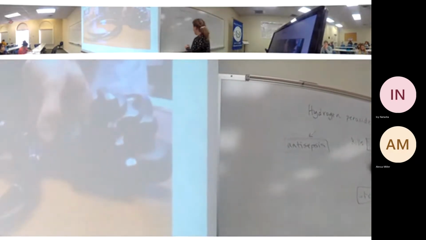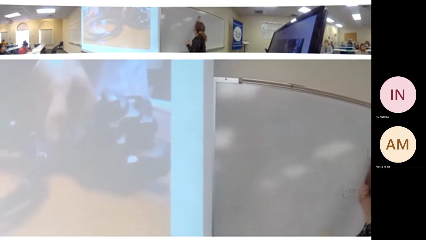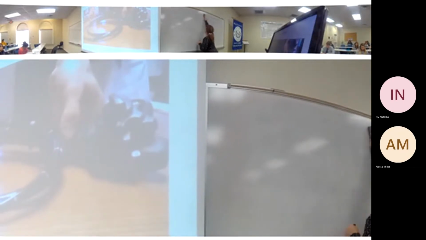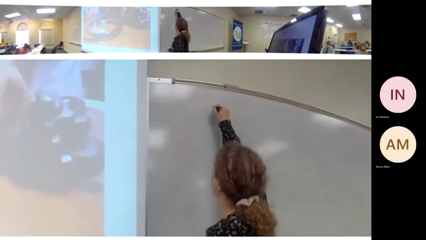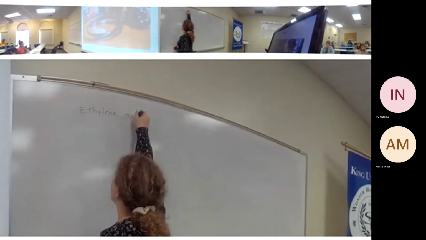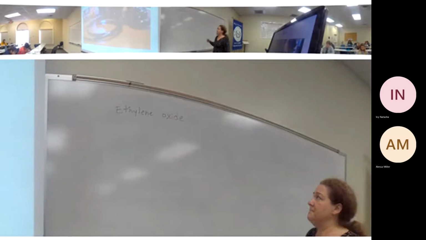Okay, next one. This is another one that has to do with a very particular chemical. All of these others so far have been liquids, so they would fall into the liquid category. This one is a gas, and it's a particular gas called ethylene oxide. Ethylene oxide.